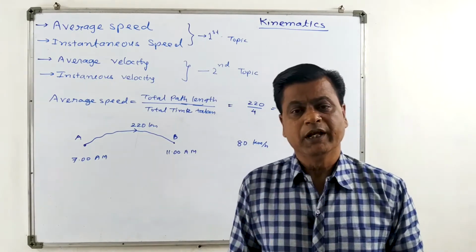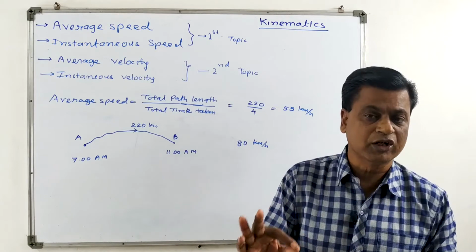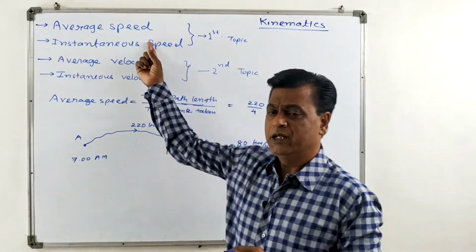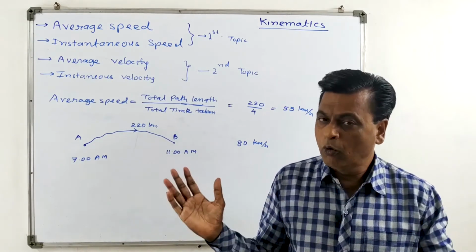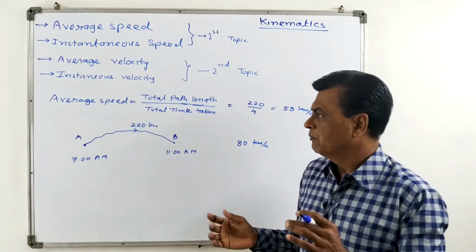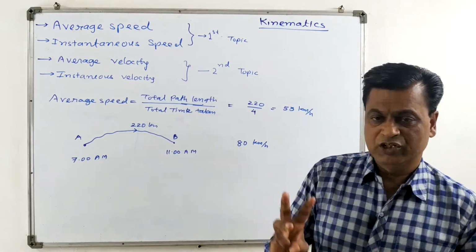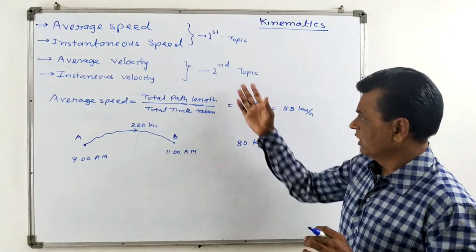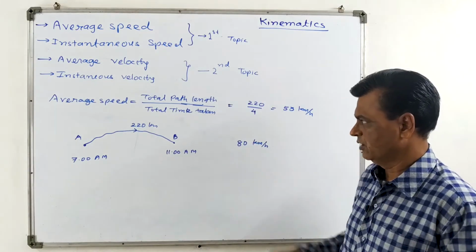Instantaneous speed indicates the exact speed of a moving object at any instant of time. Now it is clear that the average speed of a moving object is the mean of all speeds of the vehicle during the given interval of time.